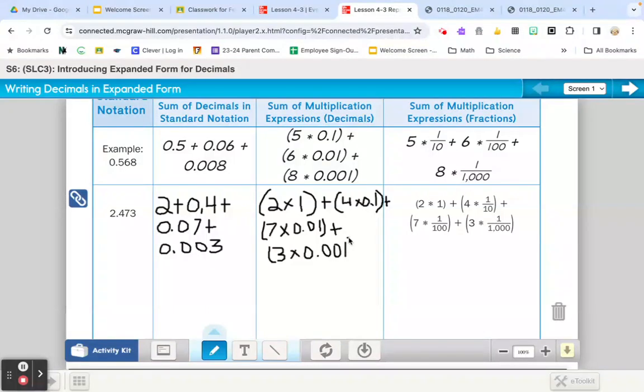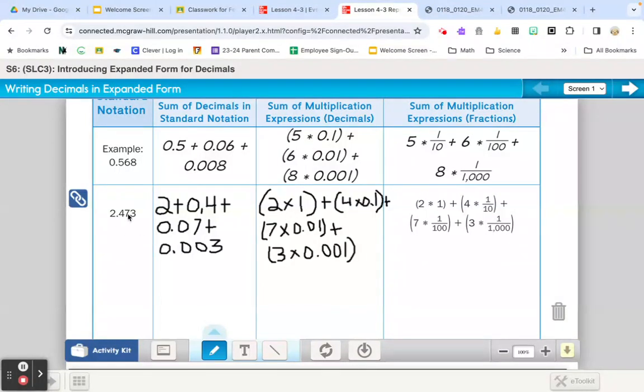So we have a 2 in our ones place. Yep. A 4 in our tenths place. Yep. And actually, if you read this backwards, it looks like a 10. That kind of can help you. If you put the correct amount of zeros and always put a 0 in your ones place, it will look like the place value. So this looks like a 10, and it's in our tenths place.